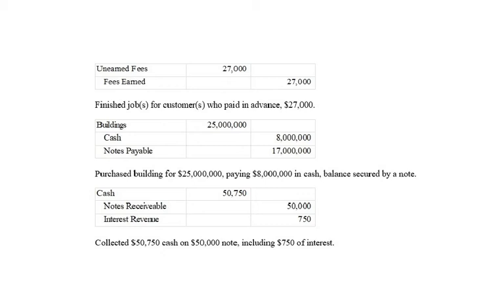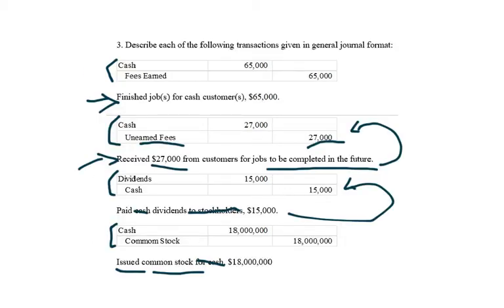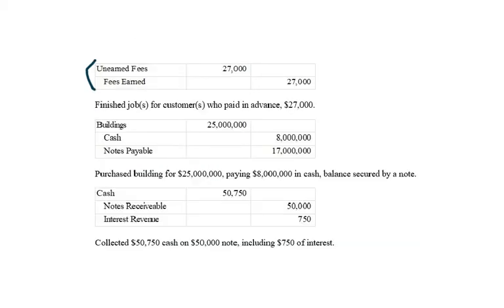All right, next up we have unearned fees debit, fees earned credit. Go back and look at the earlier one. Basically, we had the initial acceptance of $27,000 in cash, and the offset was against the liability because we haven't provided services. So what's happening here is we're getting rid of the liability, debiting that off the books and now crediting fees earned, because we finished jobs for customers who paid in advance, $27,000.